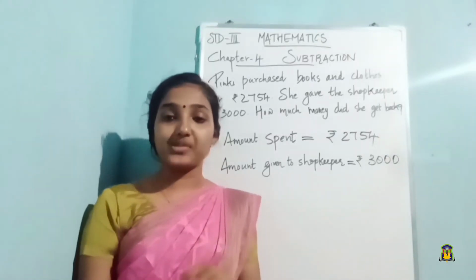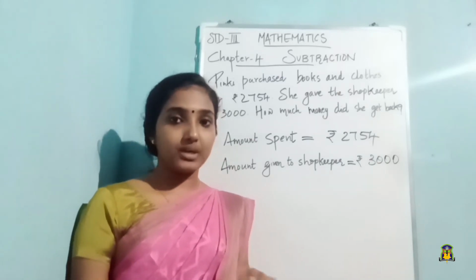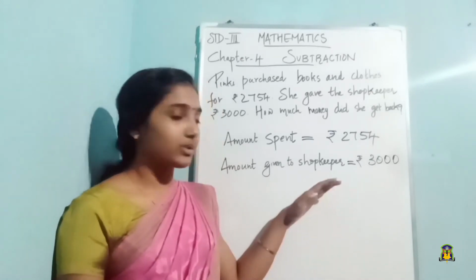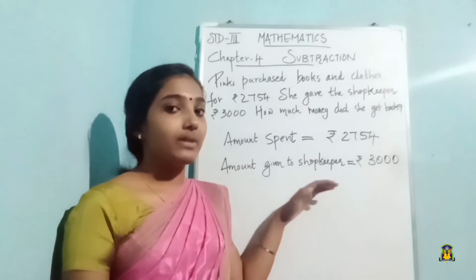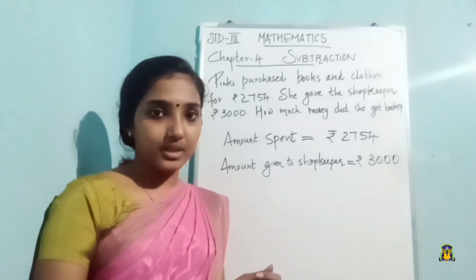So now we have to find how much money she got back from the shopkeeper. So to find that, what we have to do? We have to subtract these two things. We have to subtract the amount she spent and the amount she has given to the shopkeeper. Okay.